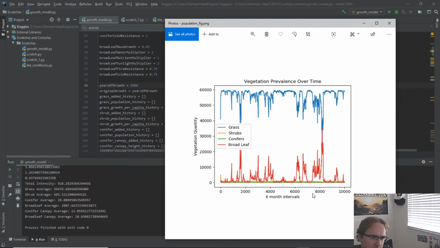I do feel like there's periods where we just have too much broadleaf growth too fast. Well, I could be wrong. I don't know.